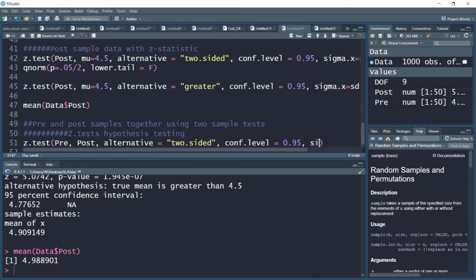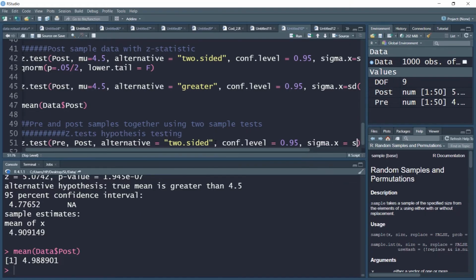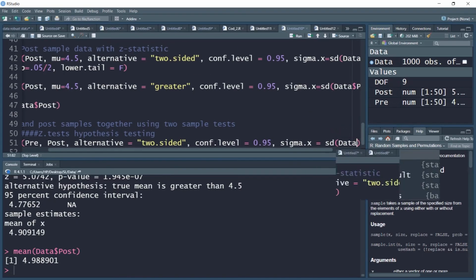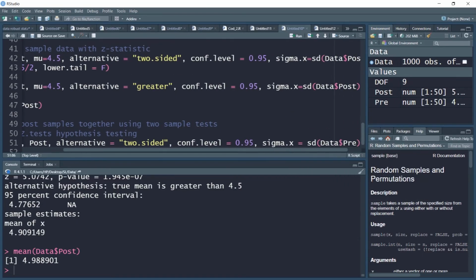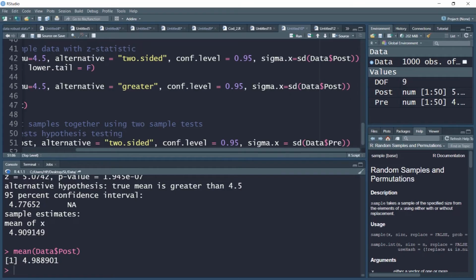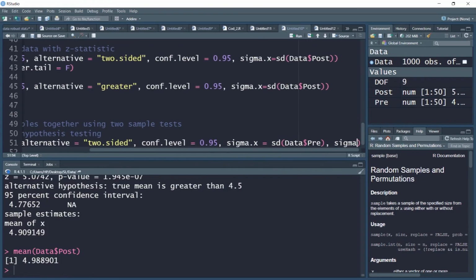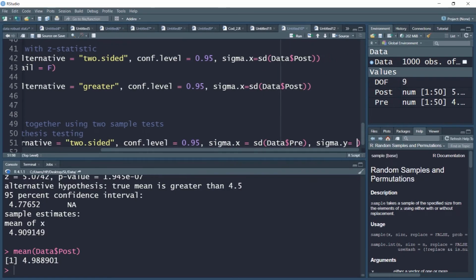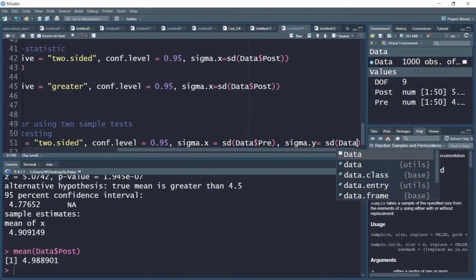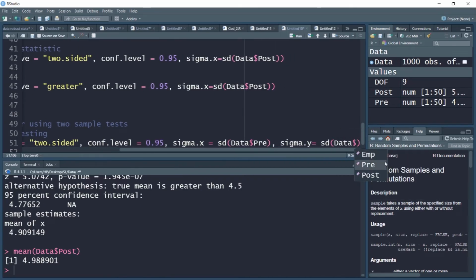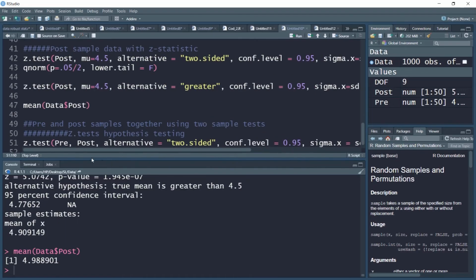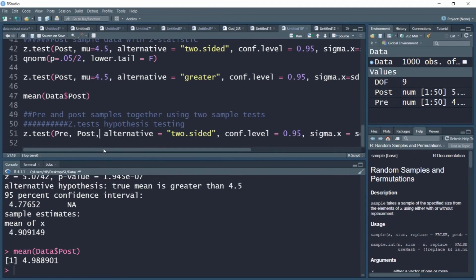We'll supply them as sigma dot x. So first we'll supply the population variance of the pre-sample. Then we'll supply sigma dot y, and we'll supply the population variance of the post sample.